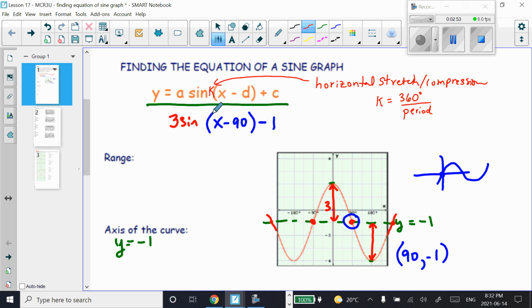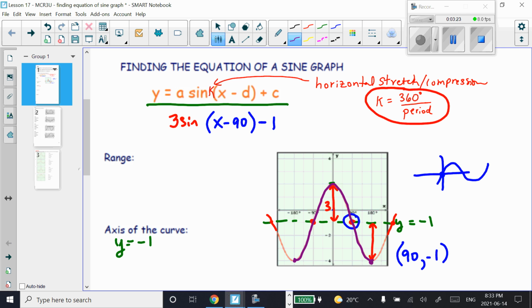And then you also want to see if you have a horizontal compression or a stretch, and that's the K. And the way you find that is you want to divide 360 by the period. And in this case, if you look at our curve, it takes 360 degrees for it to repeat. So you can pick a point on the curve anywhere. So if you start down here, for example, you follow the curve, so -180, and you see how long it takes before it starts to repeat again.